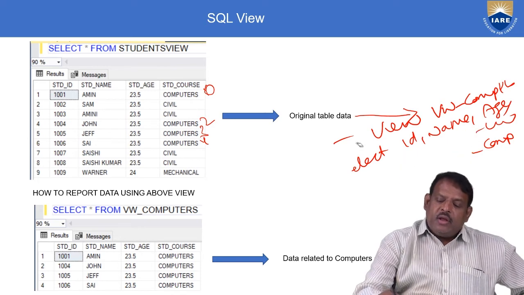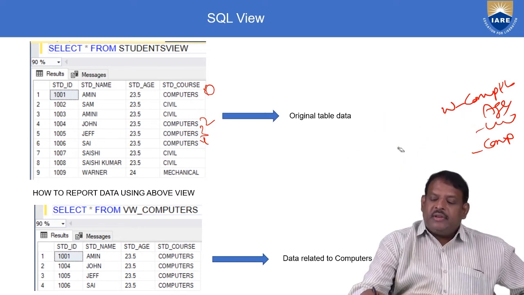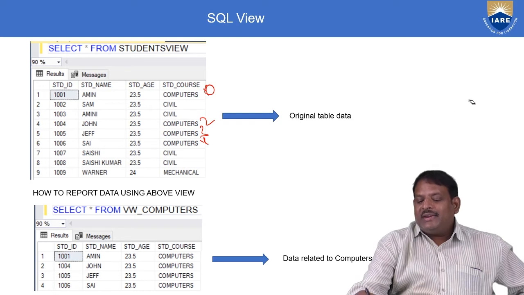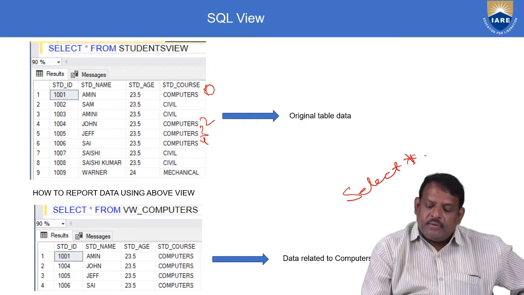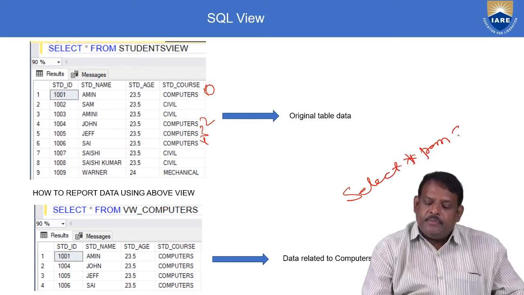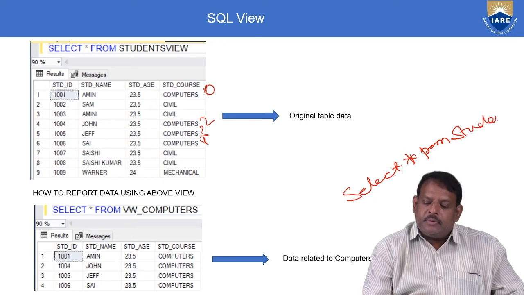After creating the view, like how you select the data from the table, you will say select star from the table name. Suppose your table name is student, you will say select star from student.